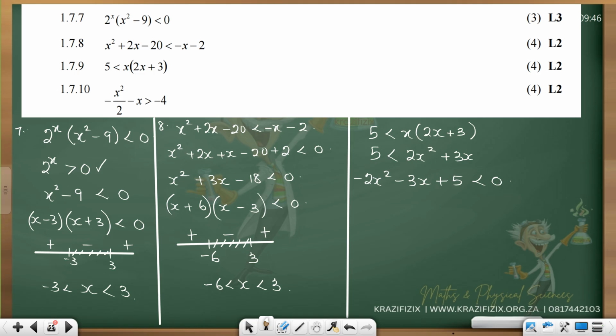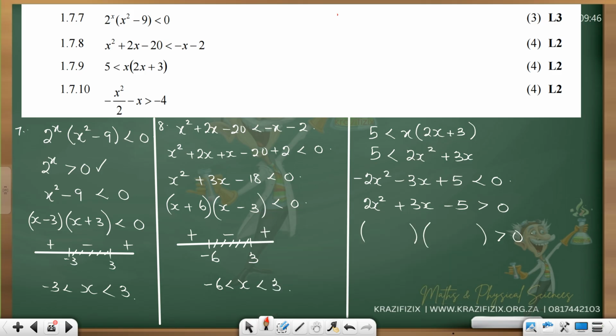But this is not in standard form. Standard form means our a must be positive. So what do we do? Multiply across by negative. It becomes a positive, it becomes a positive, it becomes a negative, and your inequality sign changes. Just those little rules, very important. We can then quickly factorize that.